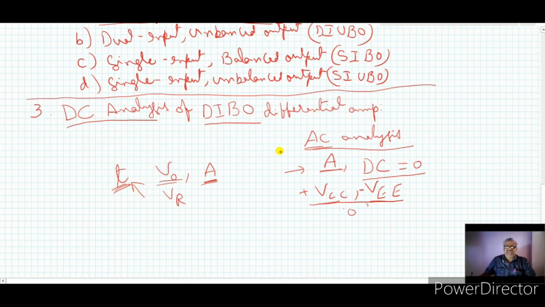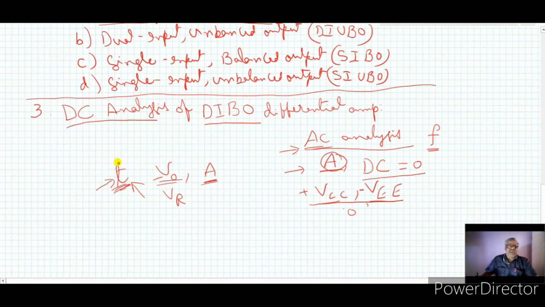The main purpose of AC analysis is how gain changes with respect to frequency, while in transient analysis we are interested in how the output changes with respect to time.